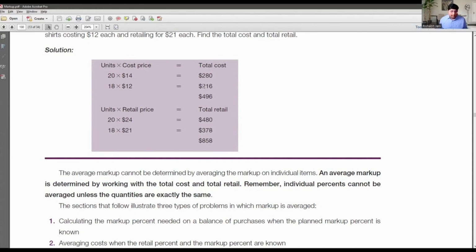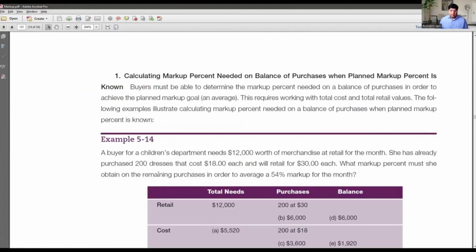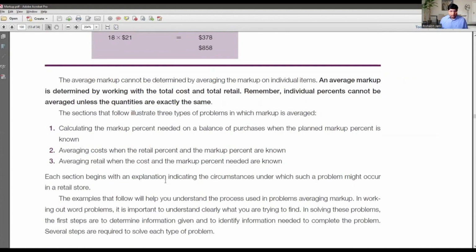And that's what we get. And when we do simple math, we can find the calculation between the two. Now, like we said earlier, the average markup cannot be determined by averaging the markup on individual items. It has to be based on total cost and total retail.